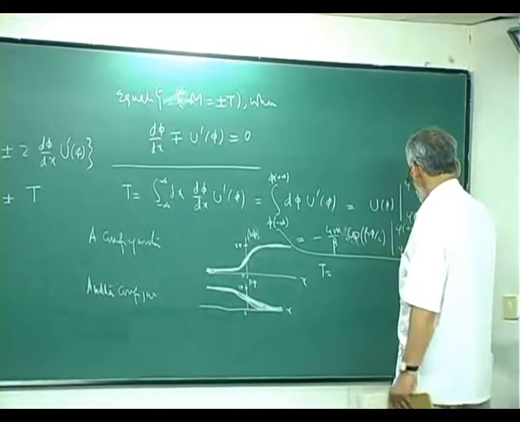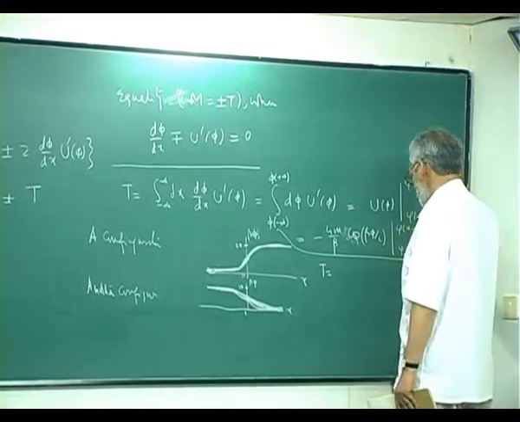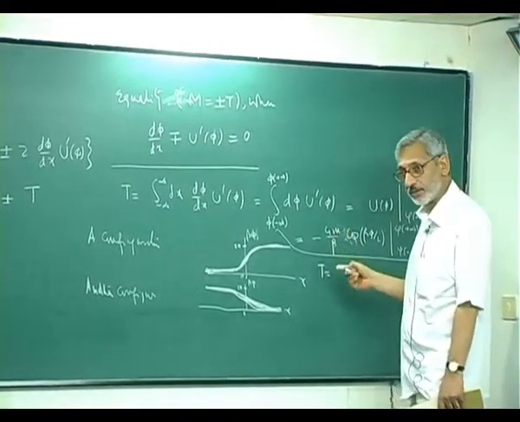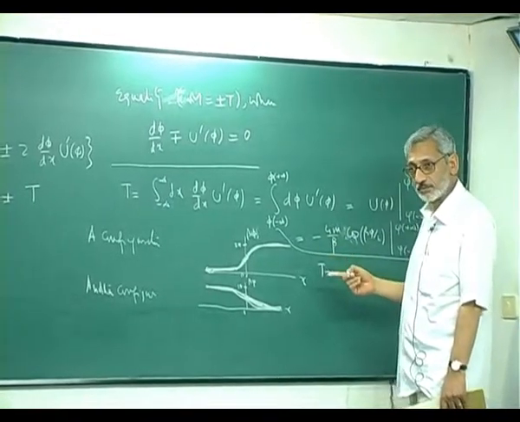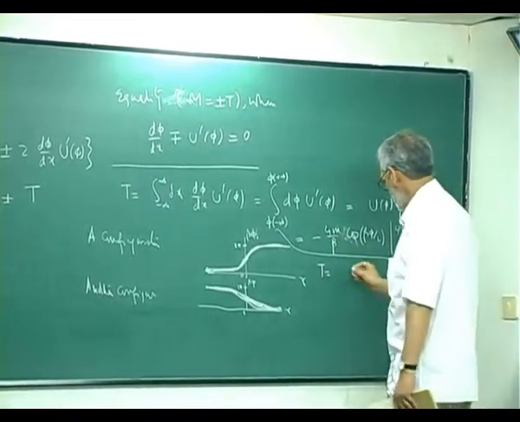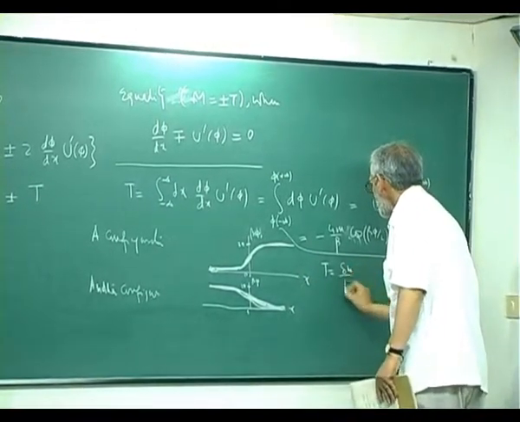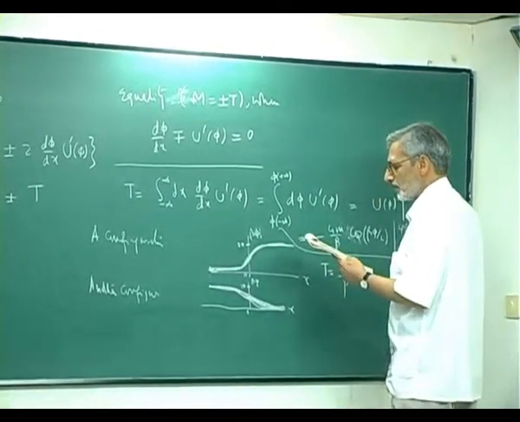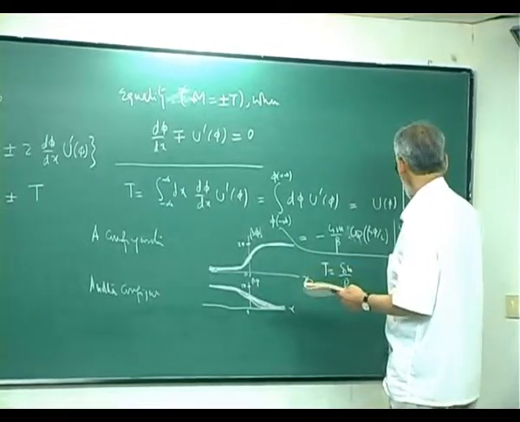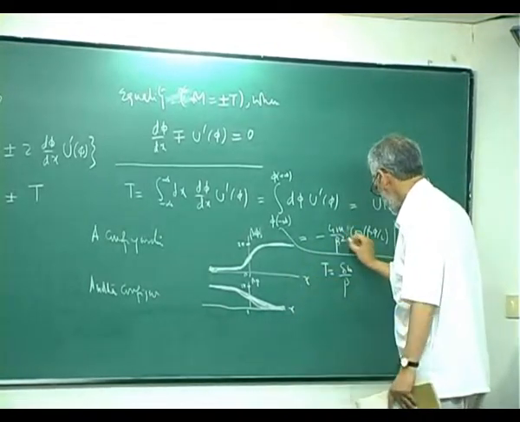So cosine pi minus cosine 0 is minus 2. So that gives me 8m by, did I get beta right?